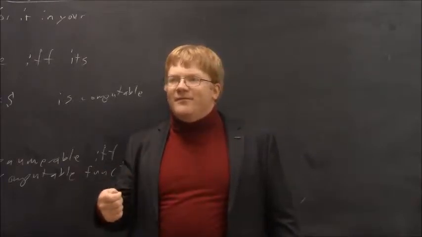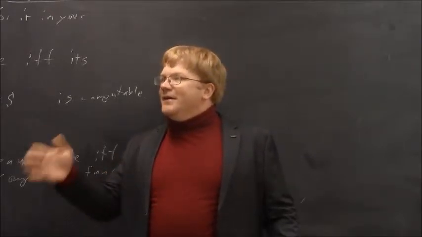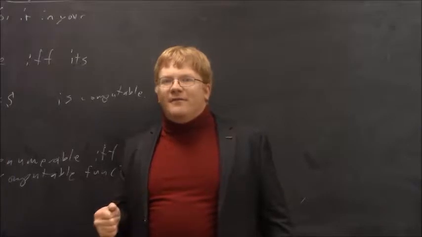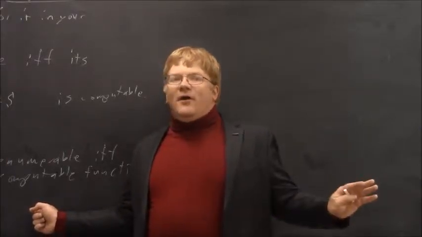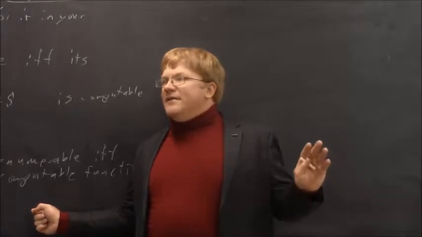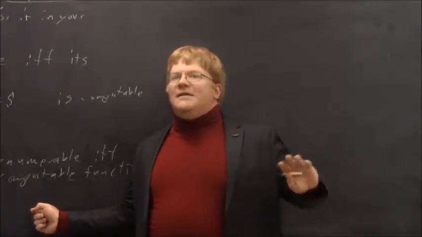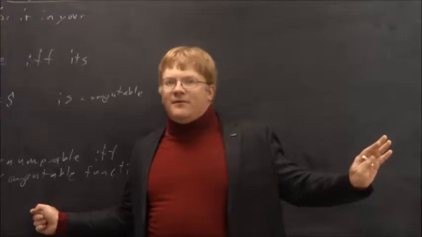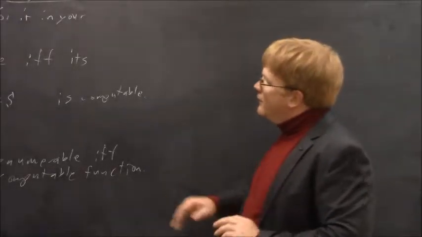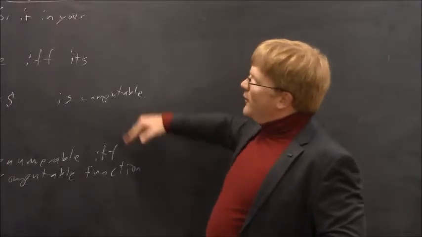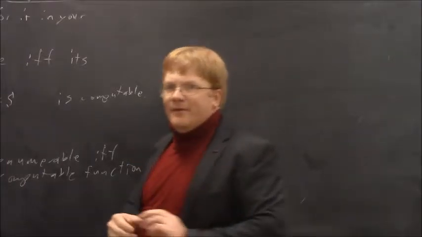Now evaluate f of 2. Now evaluate f of 3. And in this way you'll eventually list stuff off. You never have evidence that something will not be listed off. If you haven't seen 7 yet, that's no guarantee that you won't see it someday listed off. So there are computably enumerable sets that aren't computable.